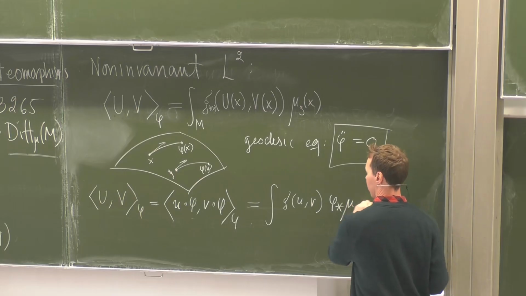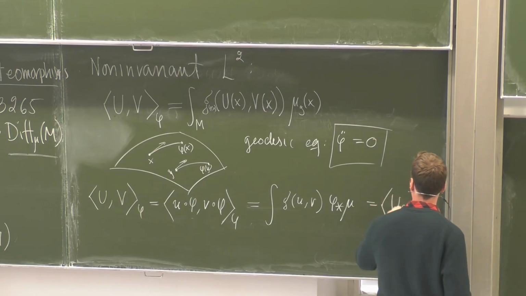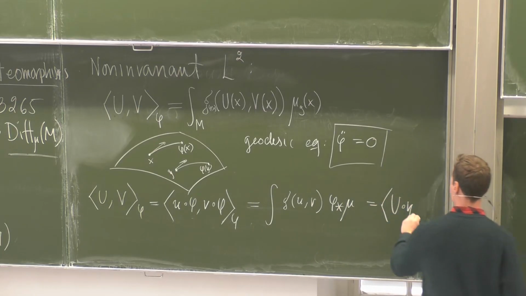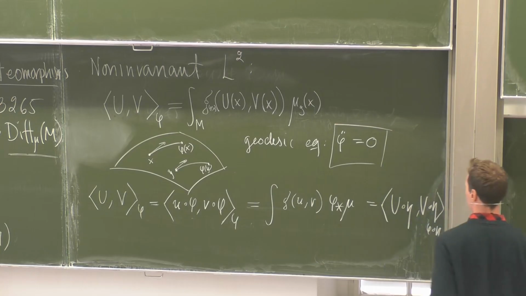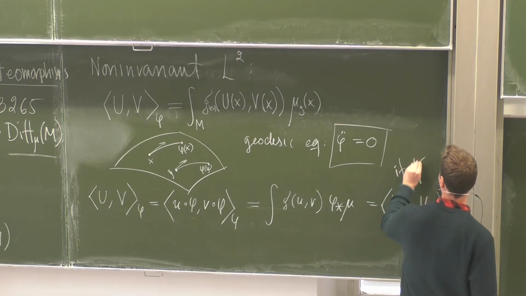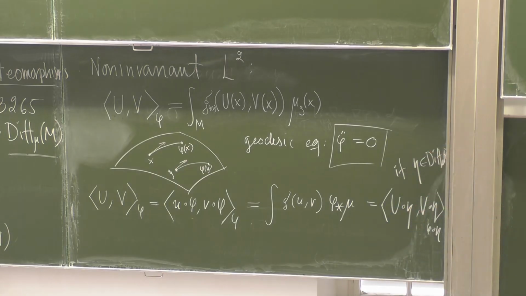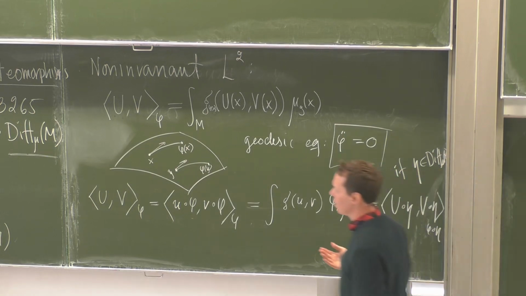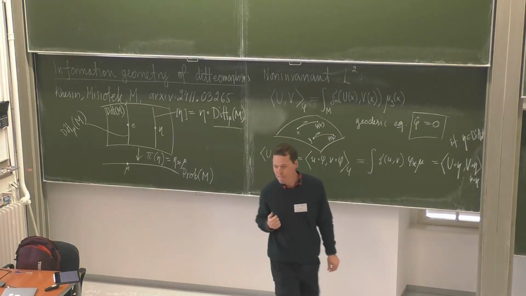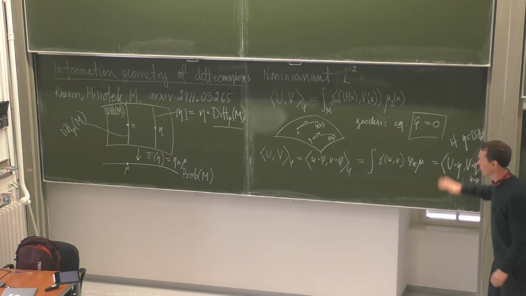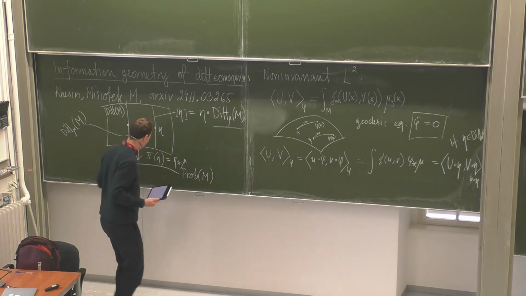So this is in fact equal to u of eta, v of eta, at the point phi of eta, if eta is in the group of volume-preserving diffeomorphisms. That's nice because it means that this structure descends to the cosets. So in fact, this metric is going to descend to some metric down here on the space of probabilities.